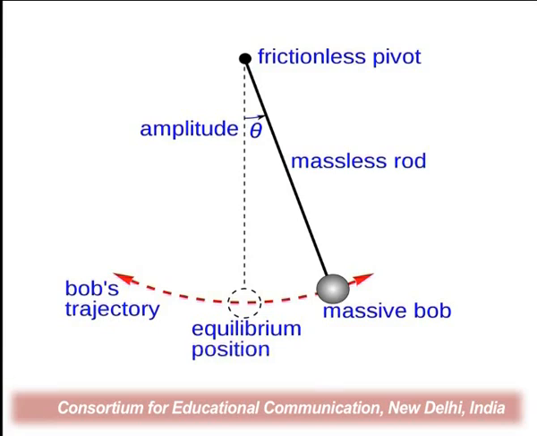There is a theta, which is the angle through which the bob can oscillate, connected with the thread. So, this is a schematic diagram of the simple pendulum: a bob attached with a thread, and we take the to-and-fro motion of this bob.